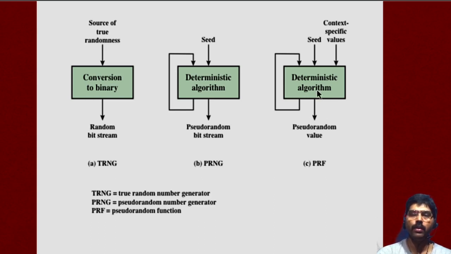Some uses of this algorithm are the creation of symmetric encryption keys, and it takes other values such as context-specific values like user ID or application ID. Such other information is taken as the input to generate the pseudo random value.